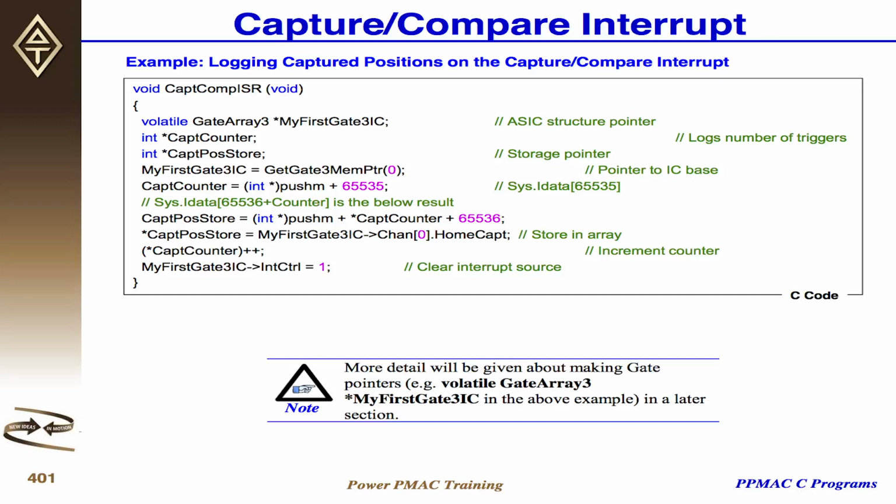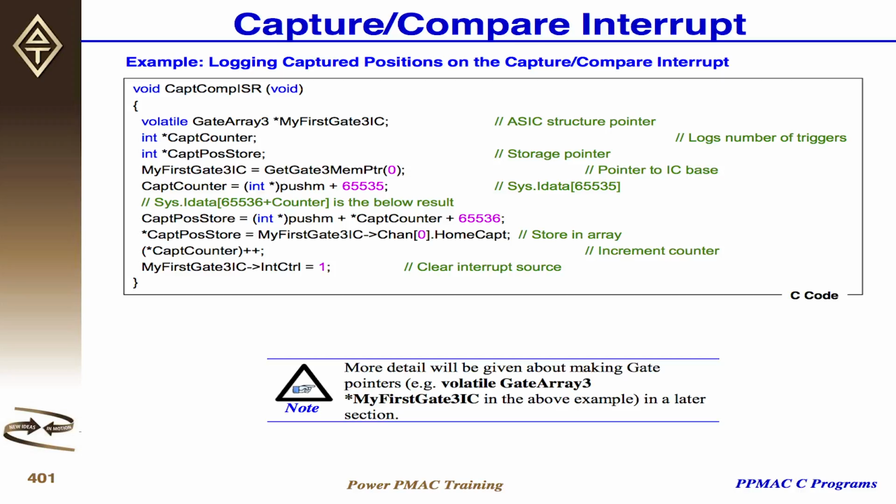And then we're adding star capped counter so that whenever you capture a position, we will increment capped counter. And then the next time this runs, your captured position will be stored in the next array element of the user buffer. So you'll keep indexing through the user buffer.